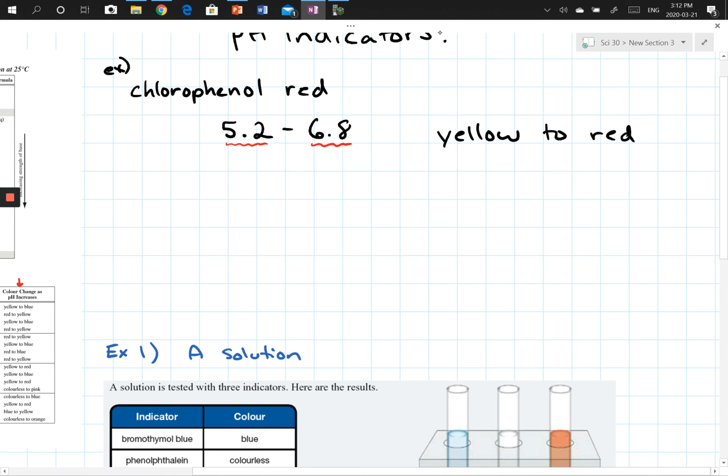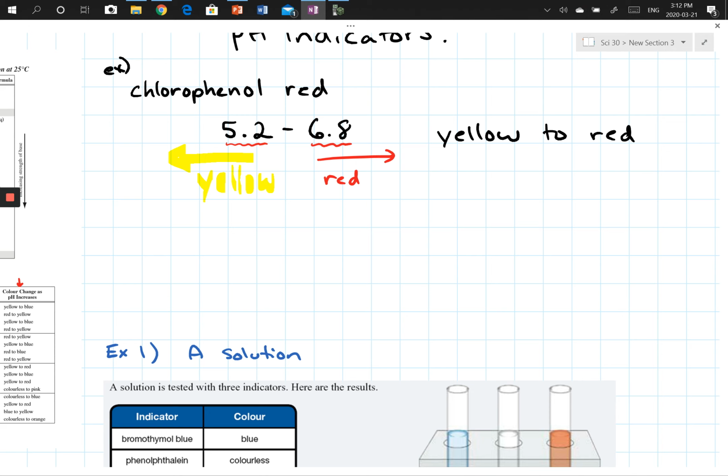Anything that is 5.2 or below is going to be yellow, I have a highlighter here, and anything that is 6.8 or greater is going to be red. So any solution of pH 5.2 or less is going to be yellow. If it's 6.8 or greater, the solution is going to be red.